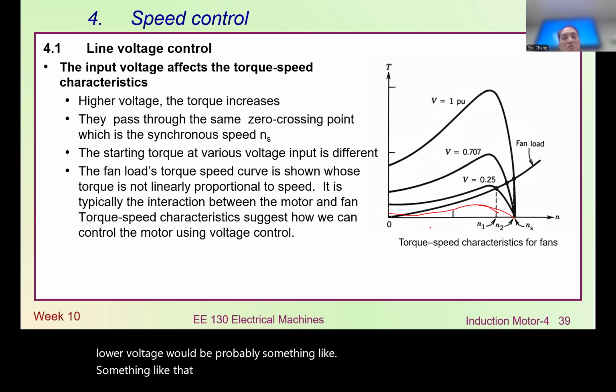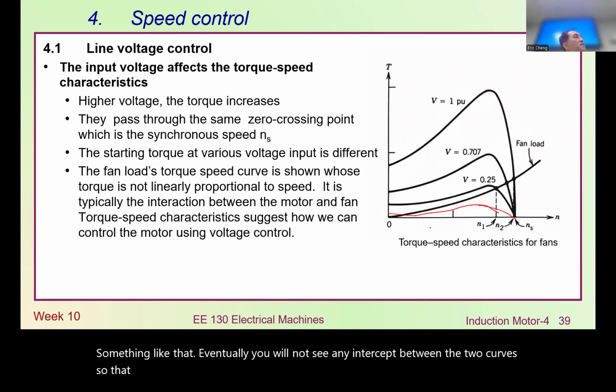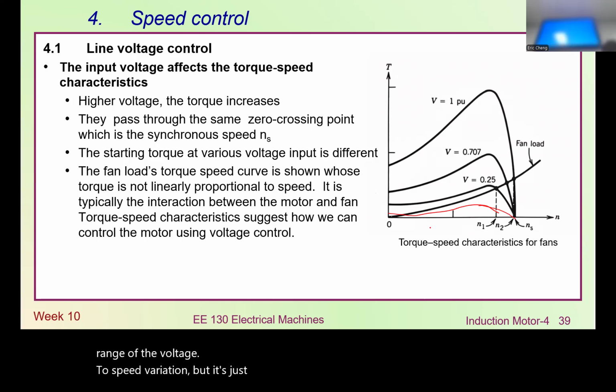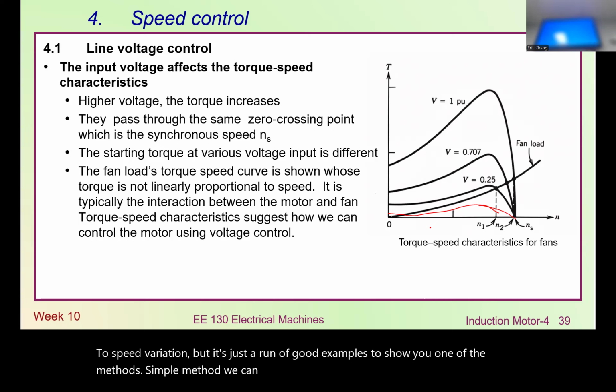Eventually, you will not see any intercept between the two curves. So that means this method is quite simple, but it's not good enough to have a wide range of speed variation. But it's one of the good examples to show you a simple method we can use, the voltage, to control the speed.